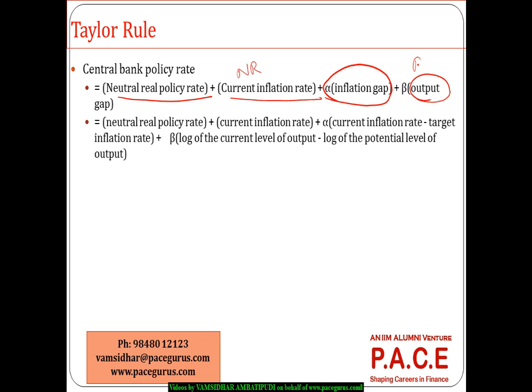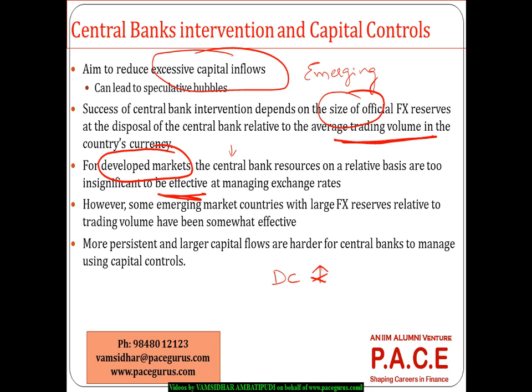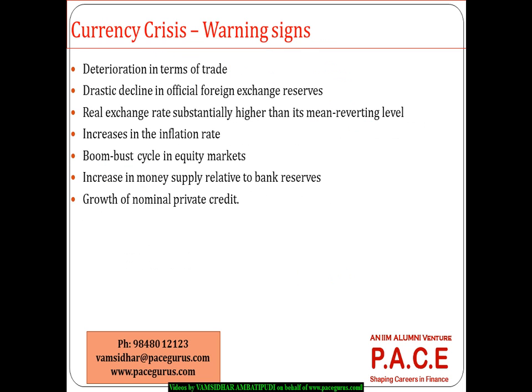Output gap is coming purely from a fiscal policy perspective. So there is an expected or targeted output minus the potential level of output. Similarly, inflation gap is the current inflation rate minus the targeted inflation rate. So this is what typically goes as an input to the central banks in deciding their policy rate, as per the Taylor rule itself.